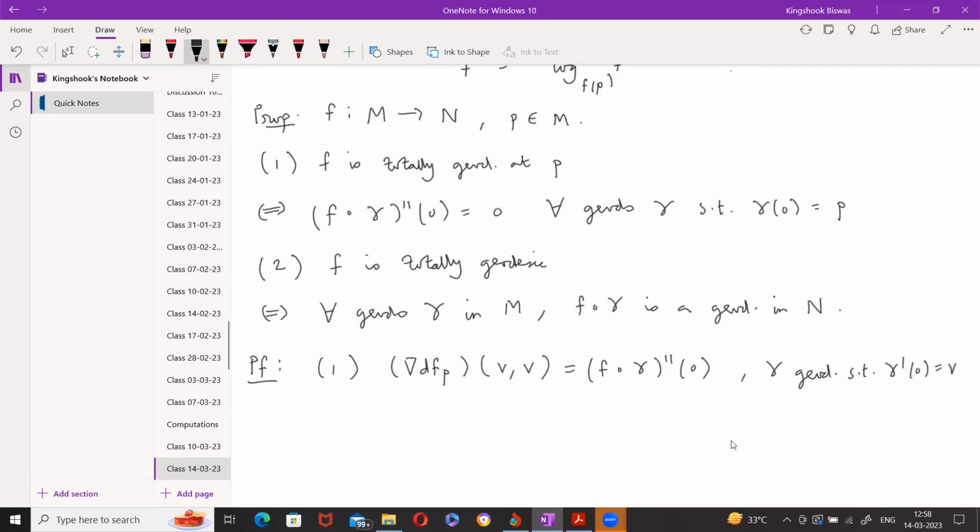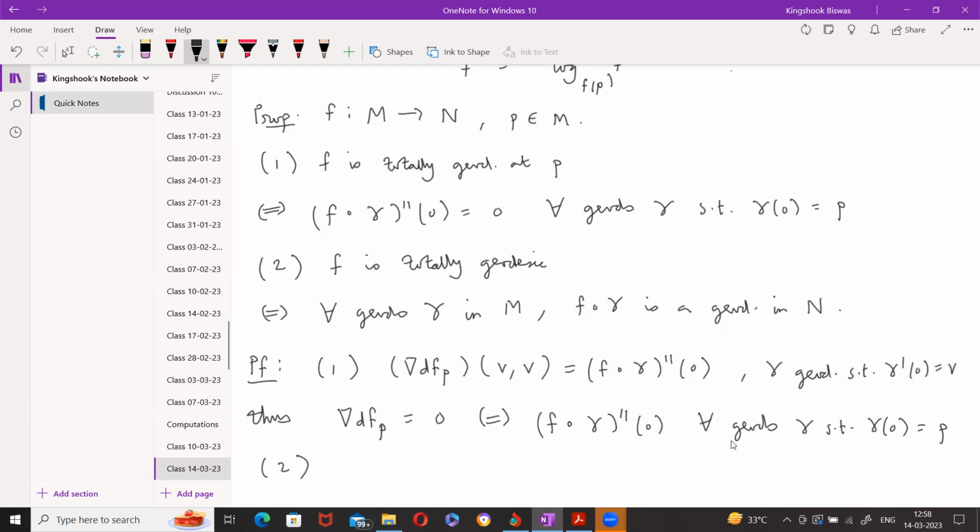Yes? Is that clear? Yes, sir. Yeah, nabla dF_P is going to be 0 if and only if this (F composed gamma)'' is 0 for all geodesics gamma such that gamma(0) is P. And then part two follows from part one, right?